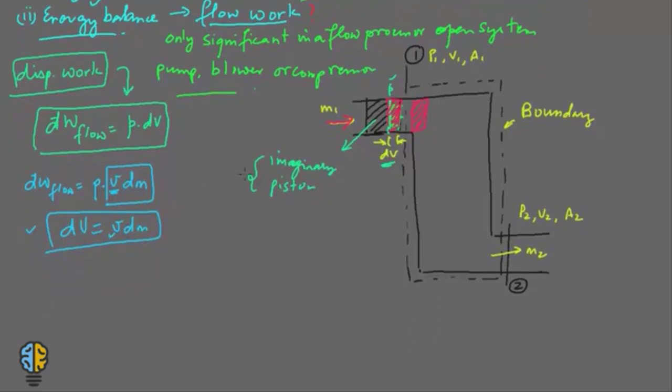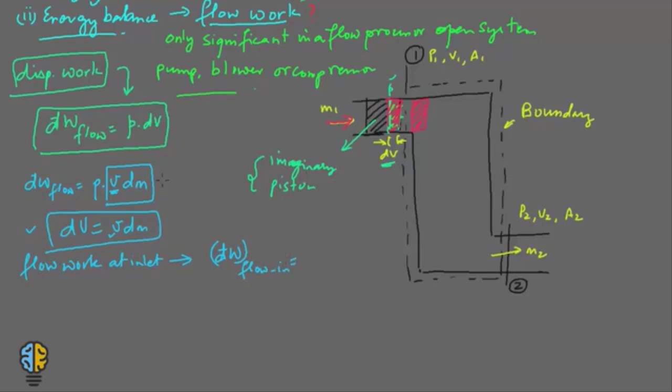This means that the flow work, sorry, not the workflow, the flow work at inlet. Now how much would this be? This would be dW flow, because it's the flow work at inlet.